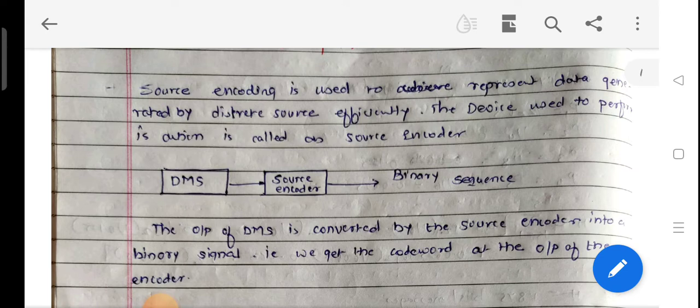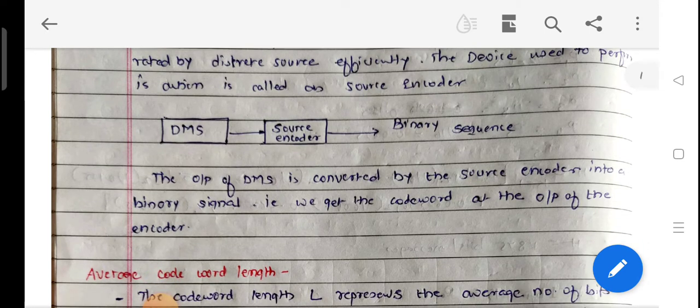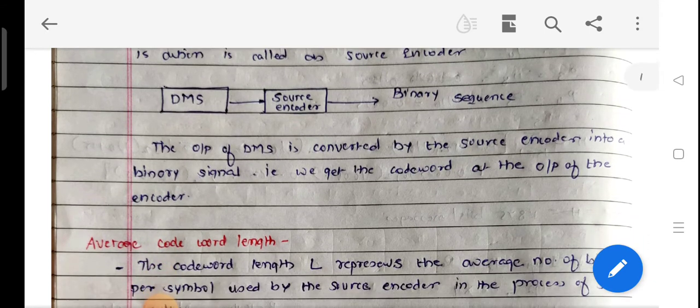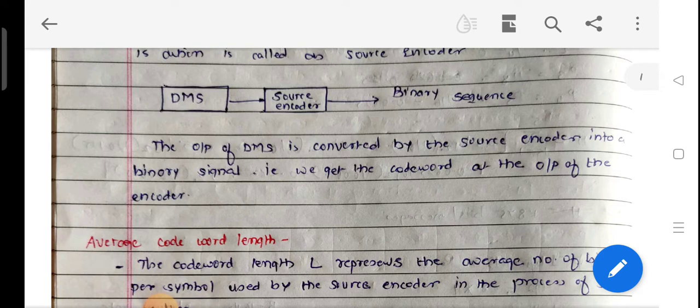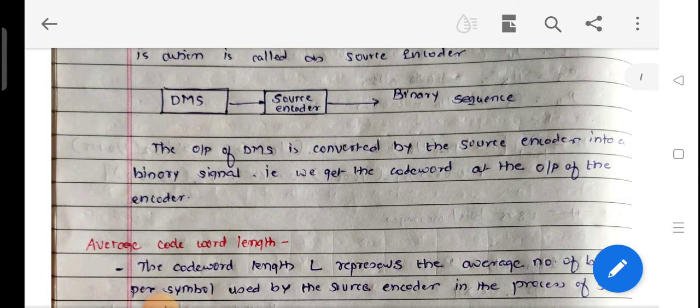When that information is passed through the source encoder, it generates a new binary sequence, encoding the information into another digital form. The output of this DMS is converted by the source encoder into a binary signal. We call that signal a code word. At the output of the encoder, we get that code word, and that signal is used for the transmission.